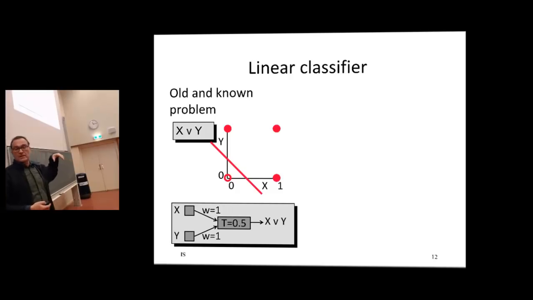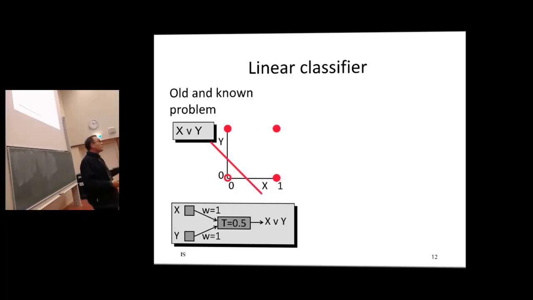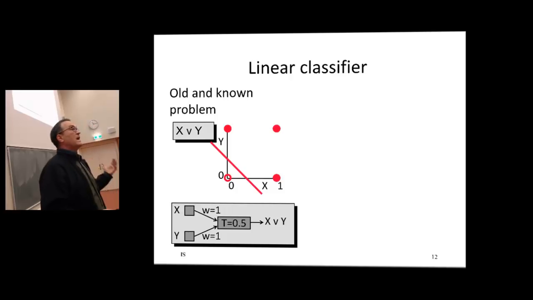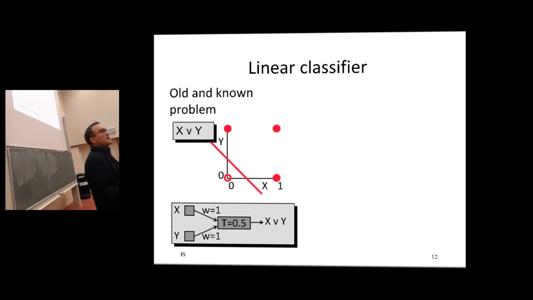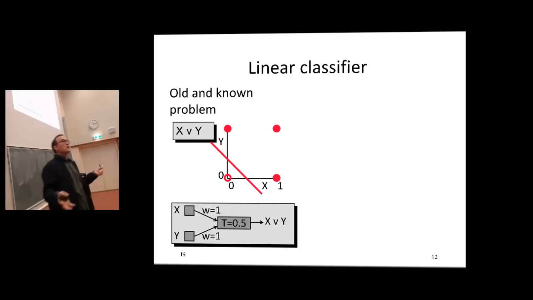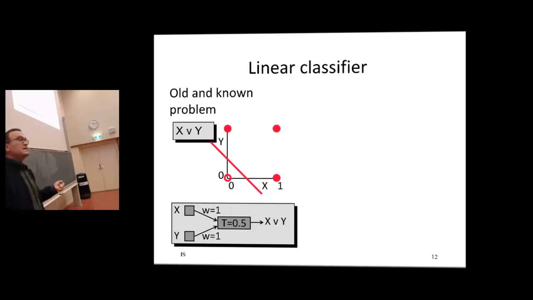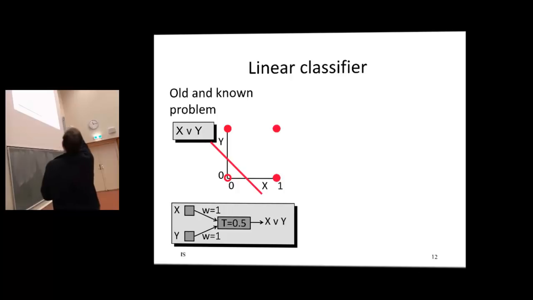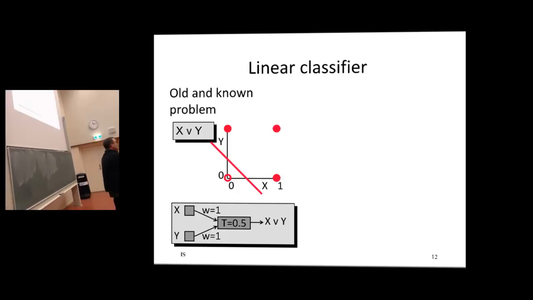But there's also some very old experience and knowledge about this problem, which is showing that there are data sets where you will never be able to find such a linear classifier. An example for such data sets are those where you have some logical operators. So here is a problem of representing the logical statement of disjunction.